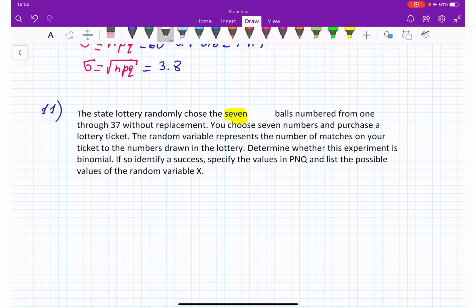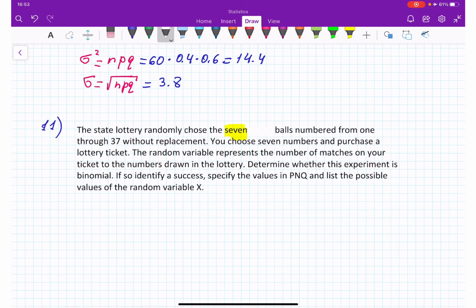All right, you choose 7 numbers and purchase a lottery ticket. The random variable represents the number of matches on your ticket to the numbers drawn on the lottery. Determine whether this experiment is binomial.